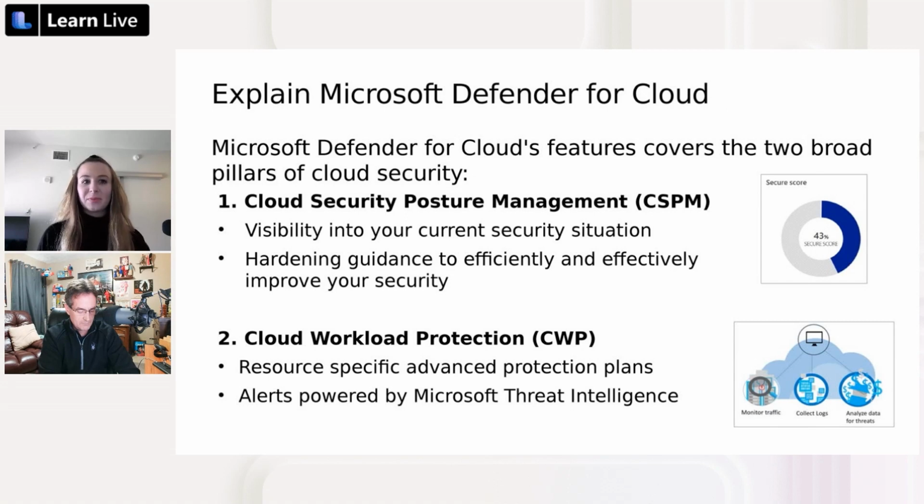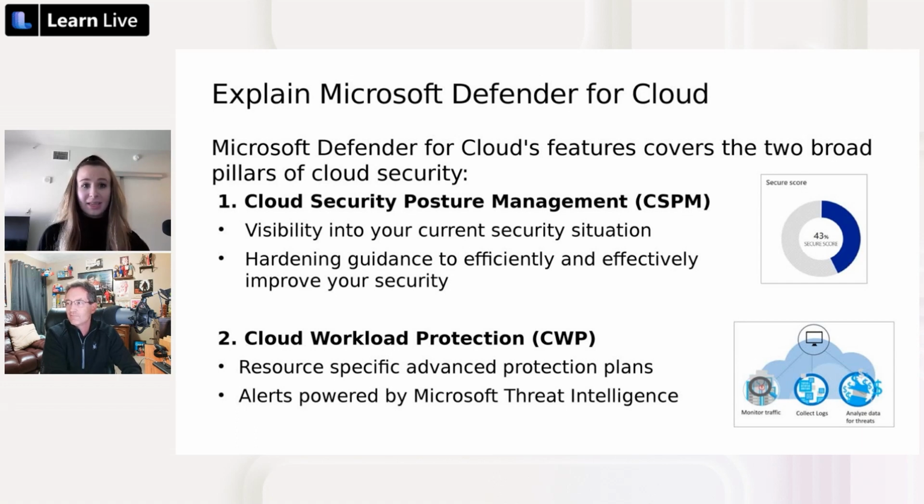It's doing this because it's providing you hardening recommendations based on any security findings, misconfigurations, or gaps that it's detected. And in each recommendation, there are actionable remediation steps that you can take so you can quickly and effectively reduce your attack surface and increase your security.